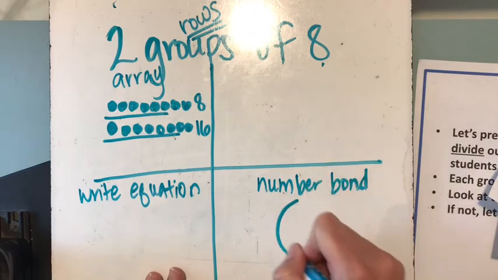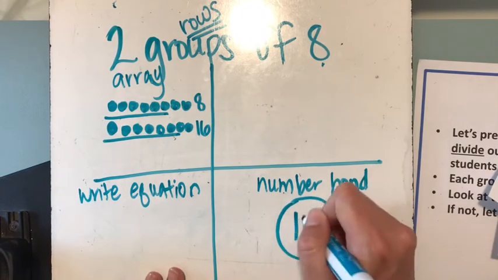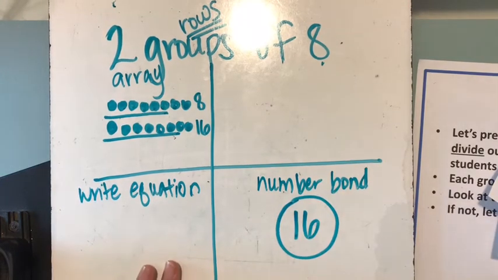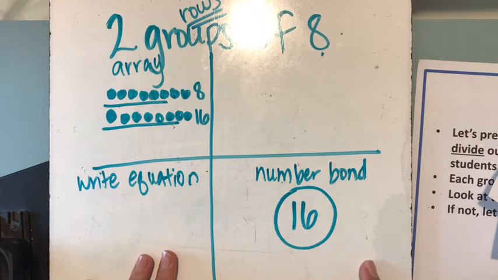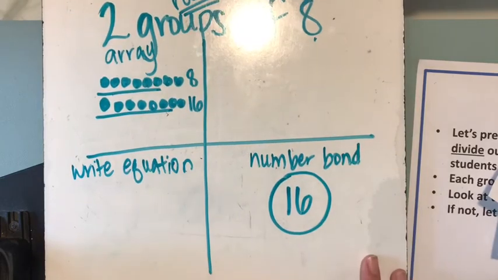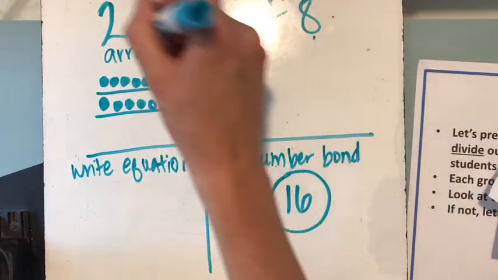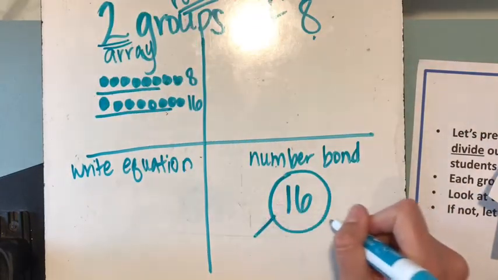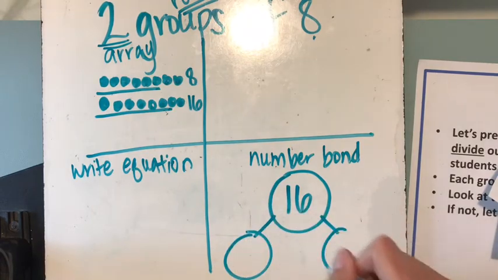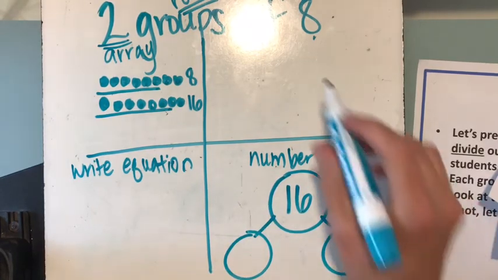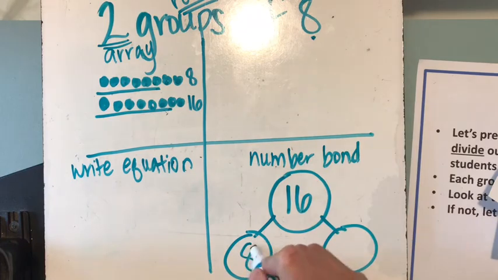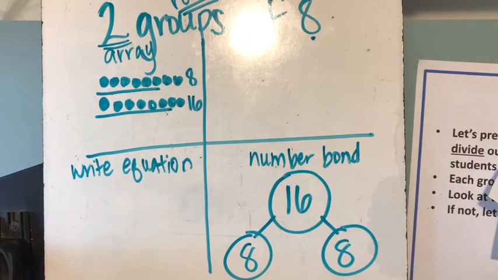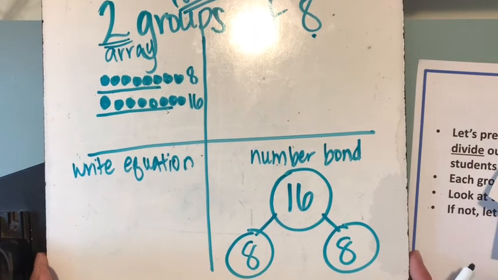Now I'm going to do my number bond. There's my total in the big circle. How many groups am I going to have coming out of my number bond? Well, I'm going to have 2 groups, right? 1, 2. How many are in each group? 8. So hopefully that's what your number bond looks like.